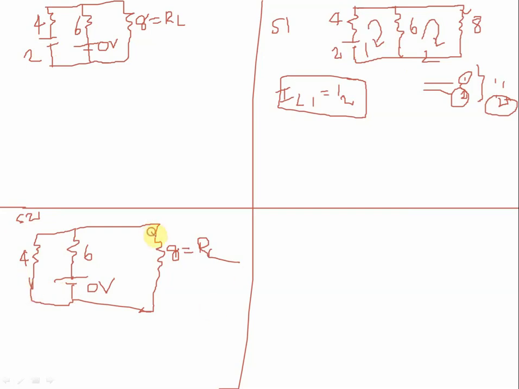So here you will find the load current, as usual with loop number 1, loop number 2. This is IL2. What is step 3? Step 3 is IL equal to IL1 plus IL2.